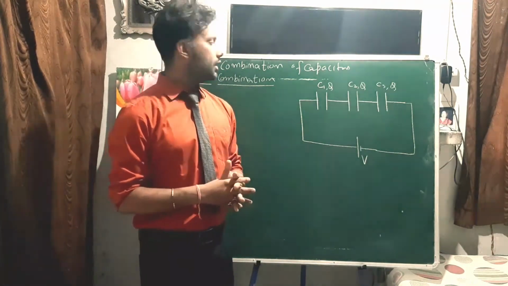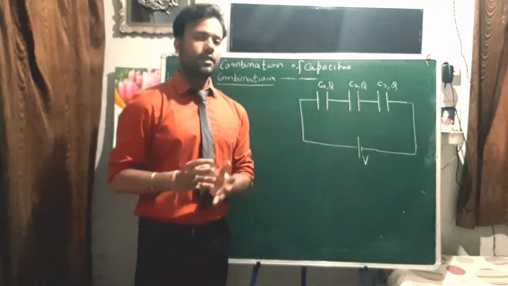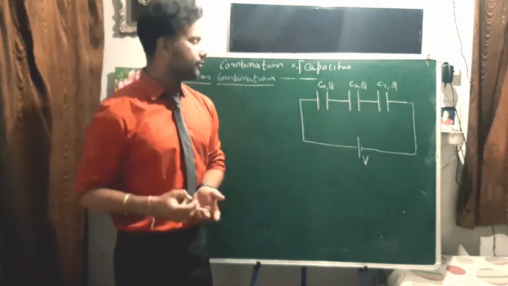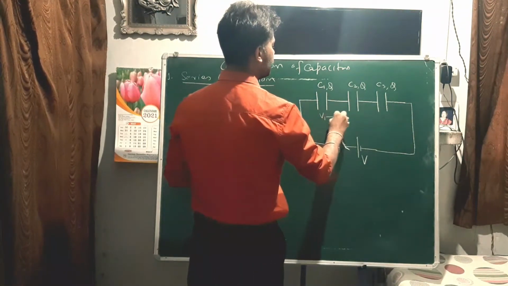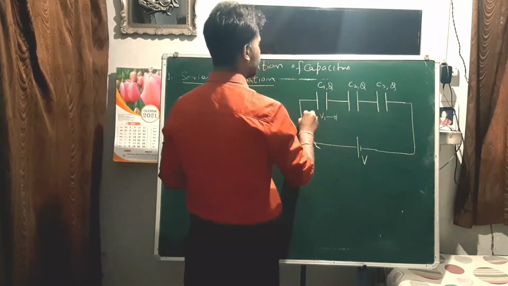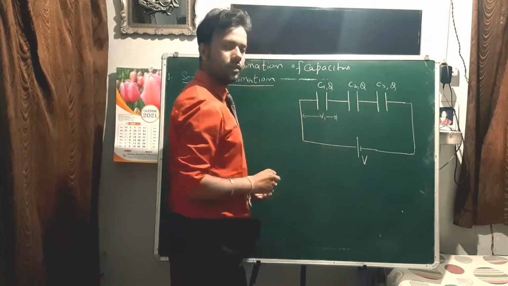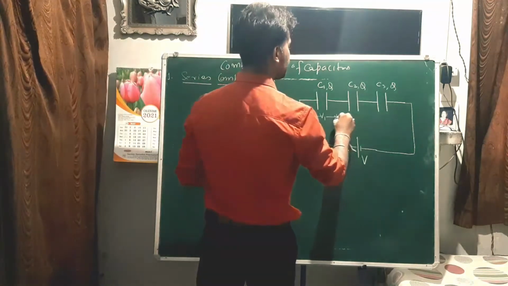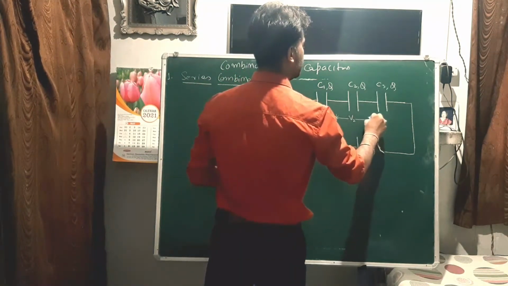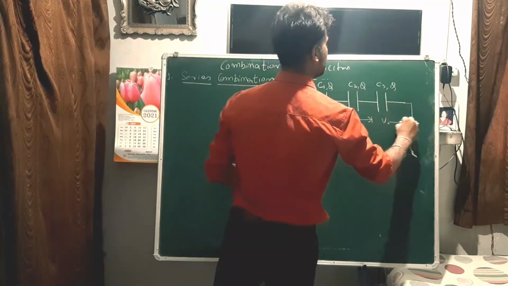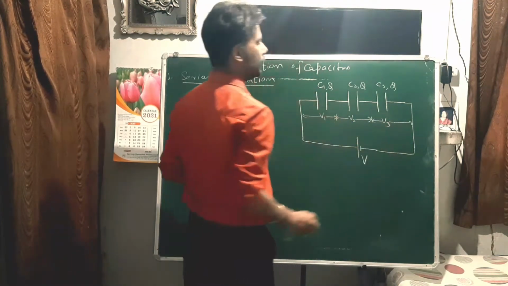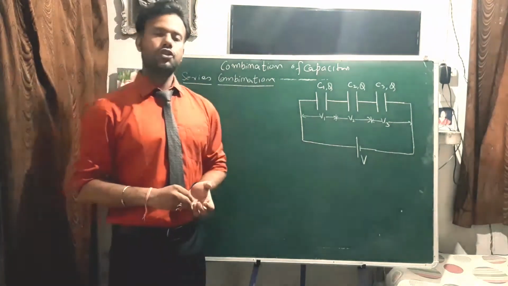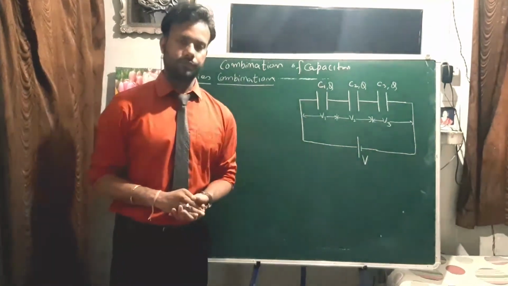But in series, the voltage is divided across each capacitor. Let's say V1 is the potential across the first capacitor, V2 is the voltage across the second capacitor, and similarly V3 is the voltage across the third capacitor.